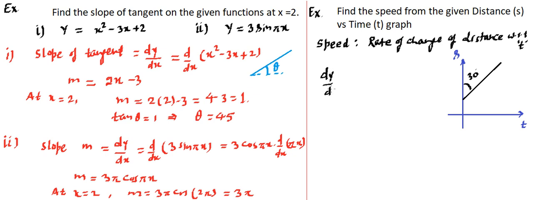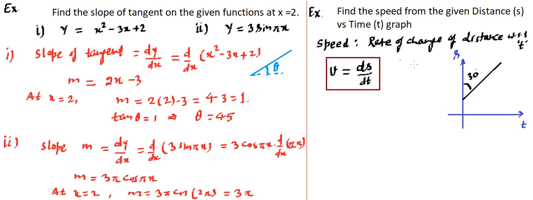So if we use this concept, then if we write speed by v, it is going to be the rate of change of distance with respect to time. So the formula becomes v is equal to ds upon dt. This is a physics formula that we need to remember, and in terms of mathematics, these kinds of formulas we will be learning from the next chapter onward. Here I am giving the hint that speed is the rate of change of distance with respect to time. That means we can write speed as ds by dt.